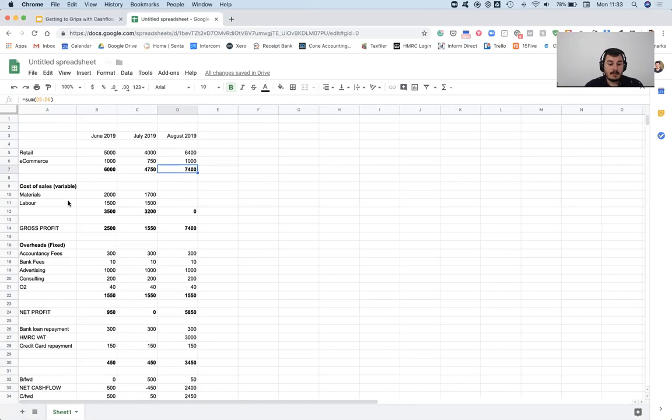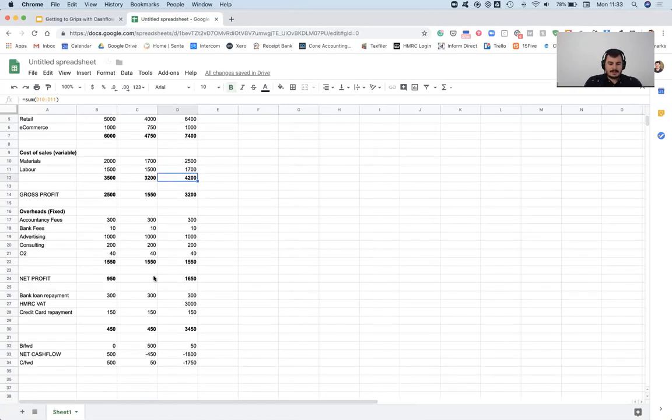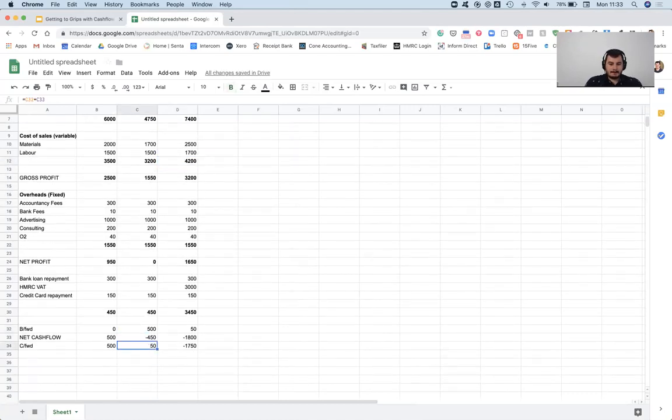So what we can then see here is if we've got, that will go up. So let's say that materials went up to that, maybe a little bit of overtime for the staff. And so you can see here that it slowly starts to work its way through.